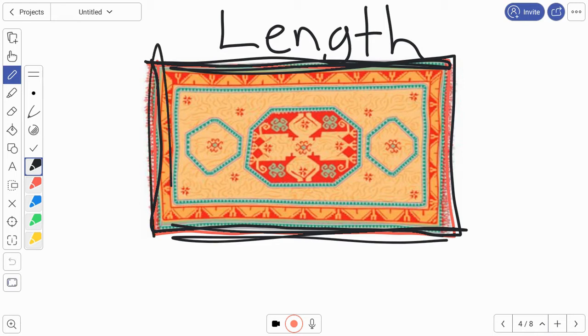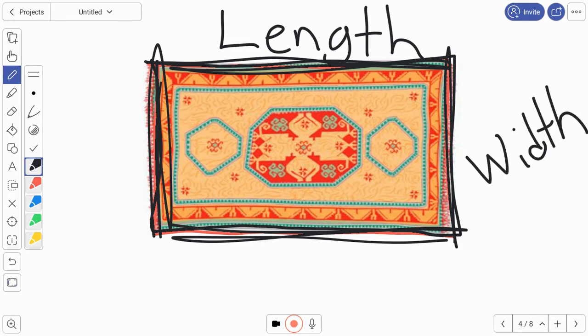Then we also have this up and down. How wide something is, we call that the width. And we say that area is for a two-dimensional shape because we're measuring two things. We're measuring the dimension of length and also the dimension of width. Those are the two different measurements we need to solve area.